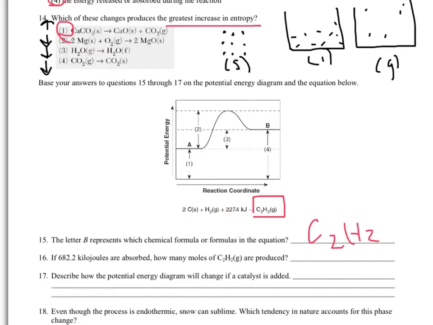So when you have a stoichiometry problem, you underline the parts of the equation that you'll be working with. In this case, we're working with our products and we're working with our heat. What we know is we would absorb 682.2, and we'll write that just below the kilojoule value. And we're looking for the moles of ethene.